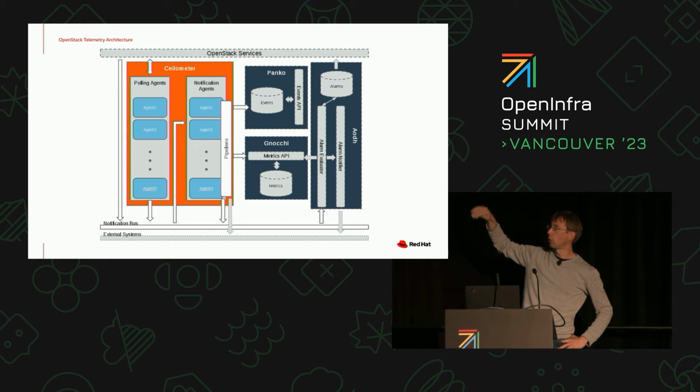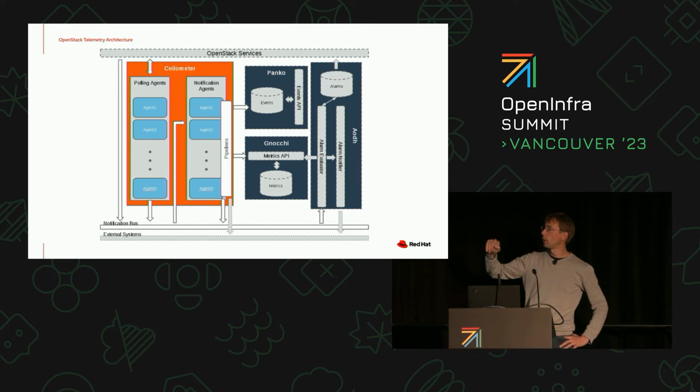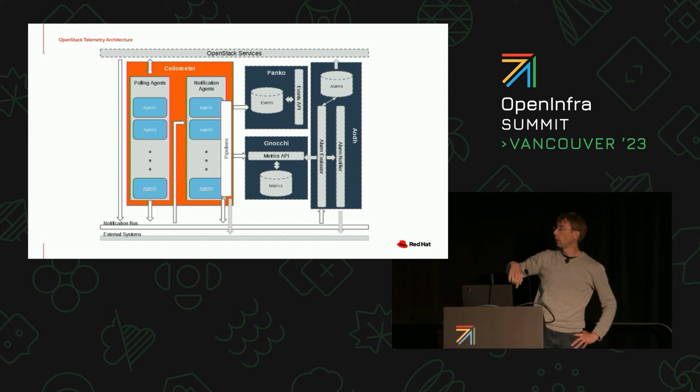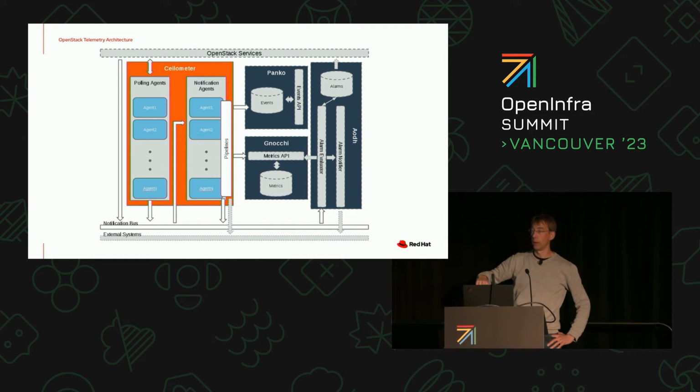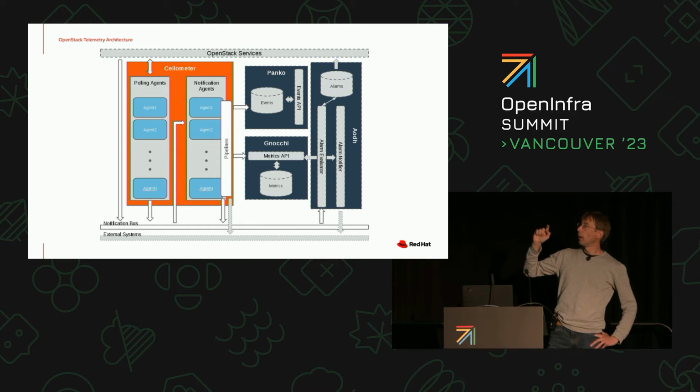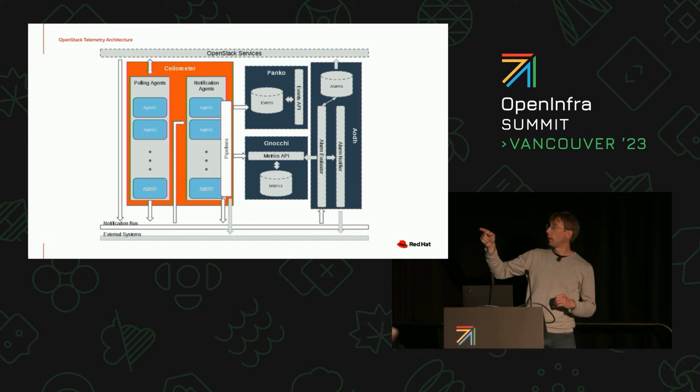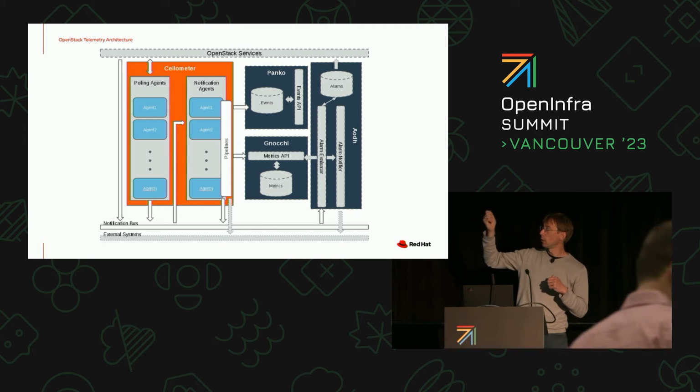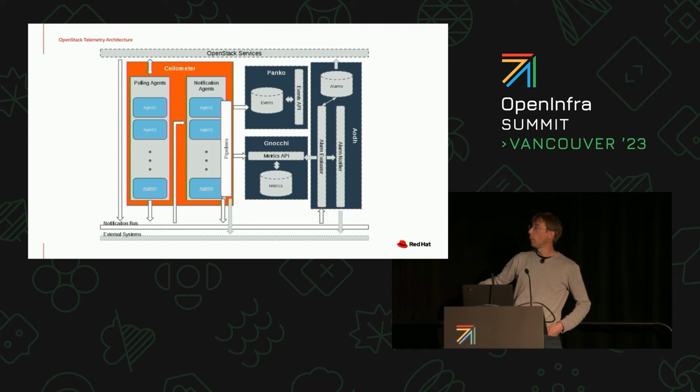That's all hidden on the top. On the left-hand side, we have ceilometer, which is just talking to the OpenStack APIs and also snooping in the notification bus. Then it uses the information and is also pulling out of APIs.